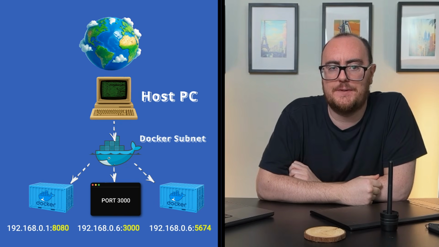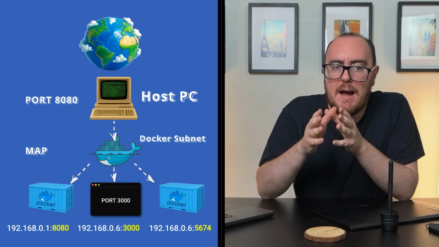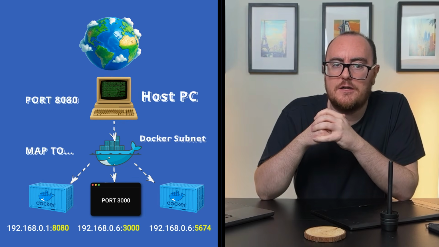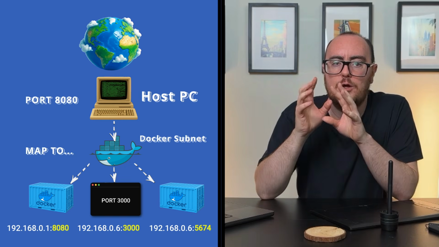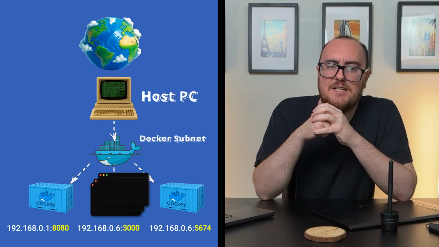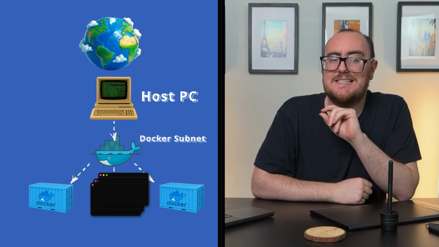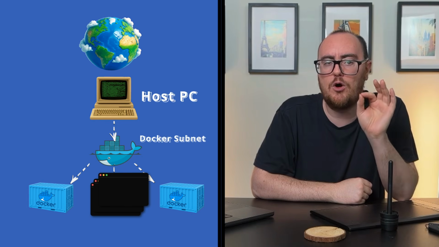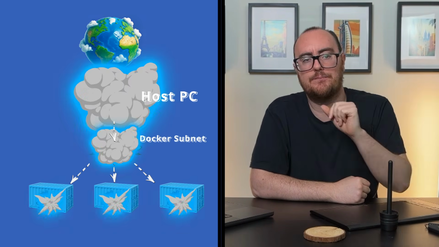The Docker subnet can be exposed by the host port and map to the Docker container. This allows the host to communicate with Docker's subnet of containers. A container can expose multiple programs, but you should keep your containers as small as possible, mainly just running one program only.